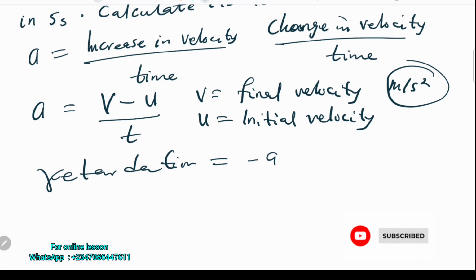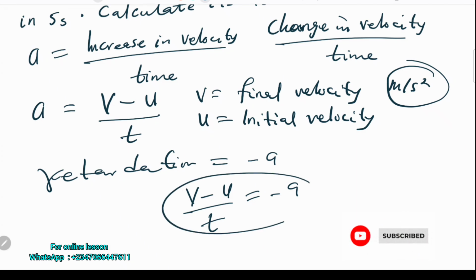It means that the final velocity is now lower than the initial velocity. So if I have v minus u all over t, it will give us negative a, because the final velocity is lower than the initial velocity. And that is why we have retardation.